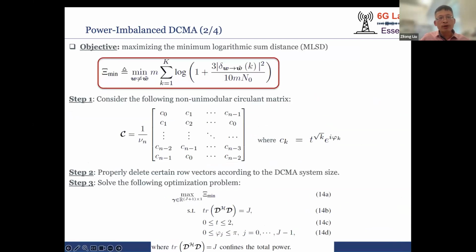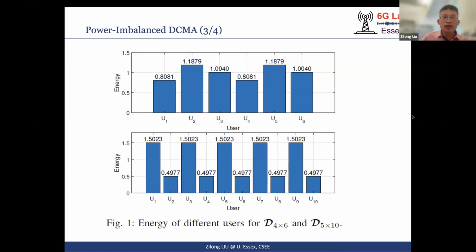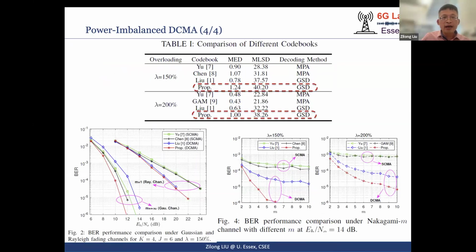So we proposed an effective method to optimize it. And now you can see our optimized power allocation among the different users. Here is the 4x6 system. Here is the 5x10 system. Now you can see our performance. Here are our proposed codebooks, and in terms of the minimum Euclidean distance, we are able to achieve 1.24 compared to the SMA system.